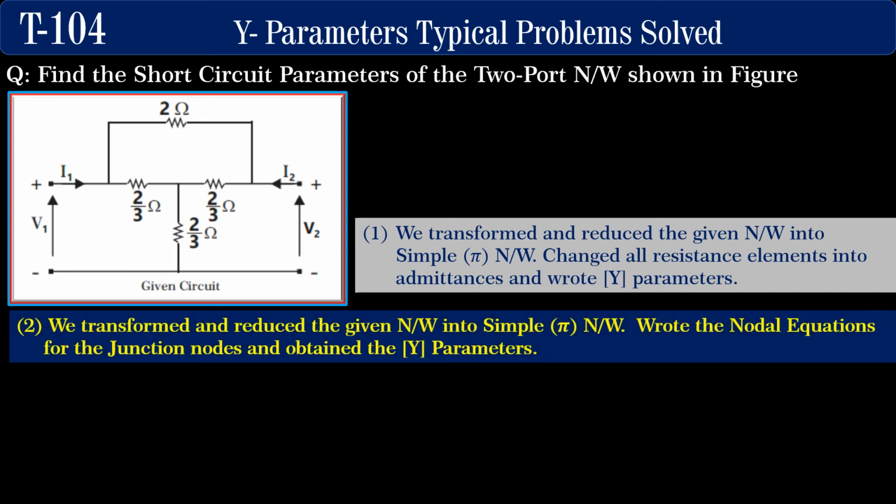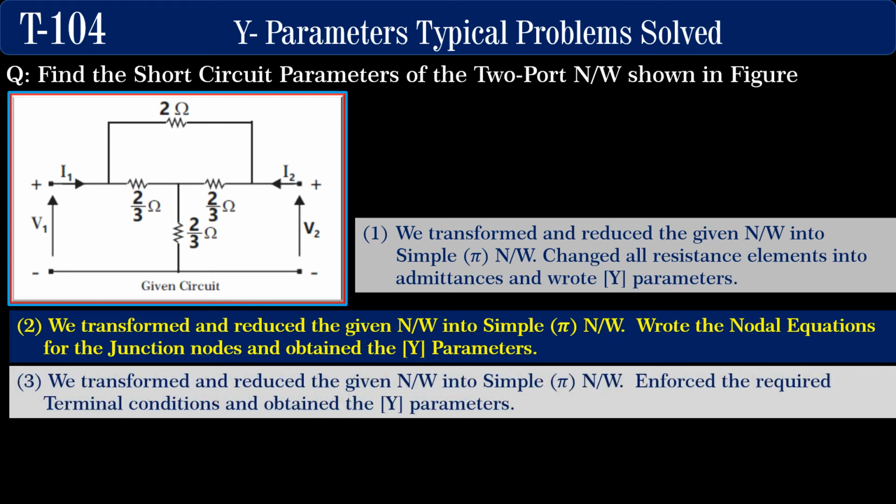In the second method, we transformed as usual and reduced the given network into simple pi network, but wrote the nodal equations for the junction nodes and obtained Y parameters. In the third method, we as usual transformed the reduced given network into simple pi network, but enforced the required terminal conditions and obtained Y parameters.